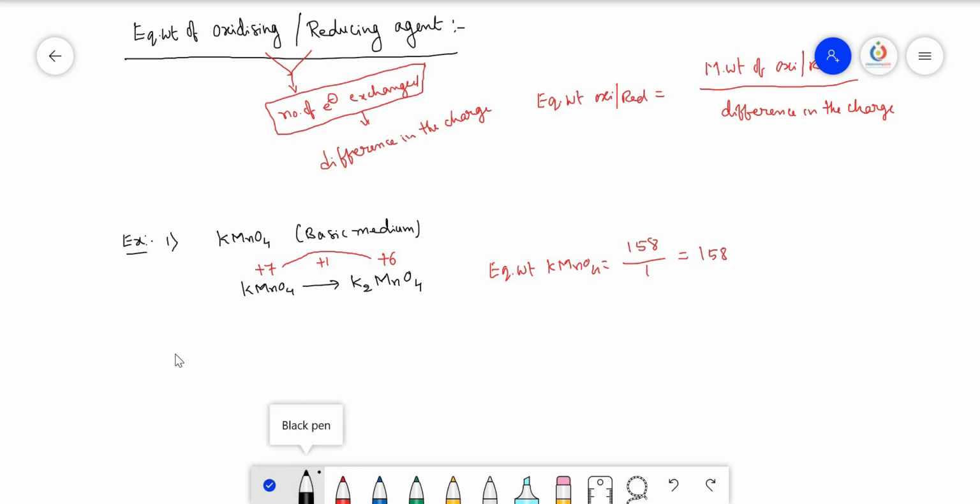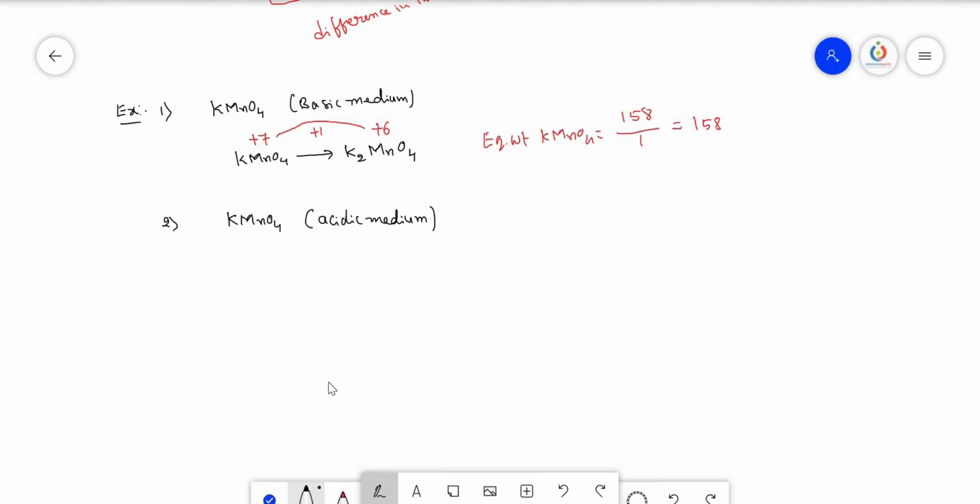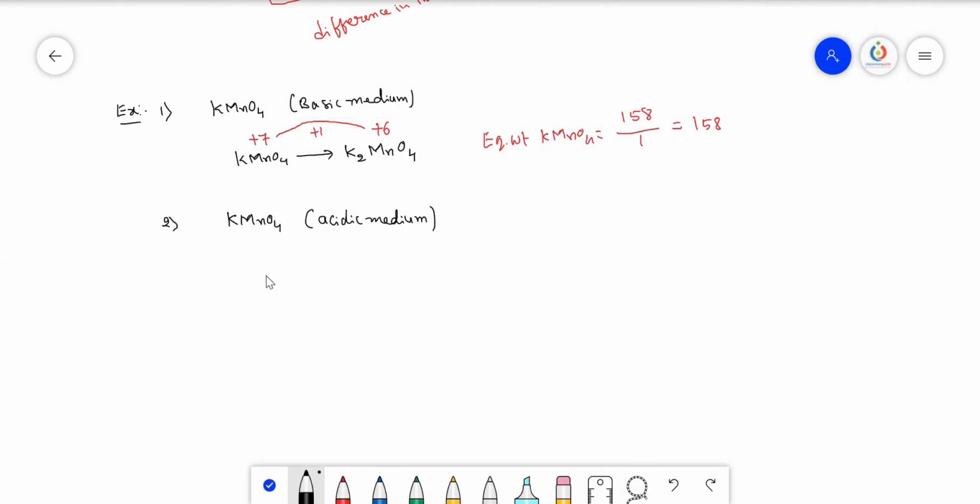Similarly, let us see KMnO4 participating in a redox reaction in acidic medium. In acidic medium, KMnO4 converts to manganese sulfate.